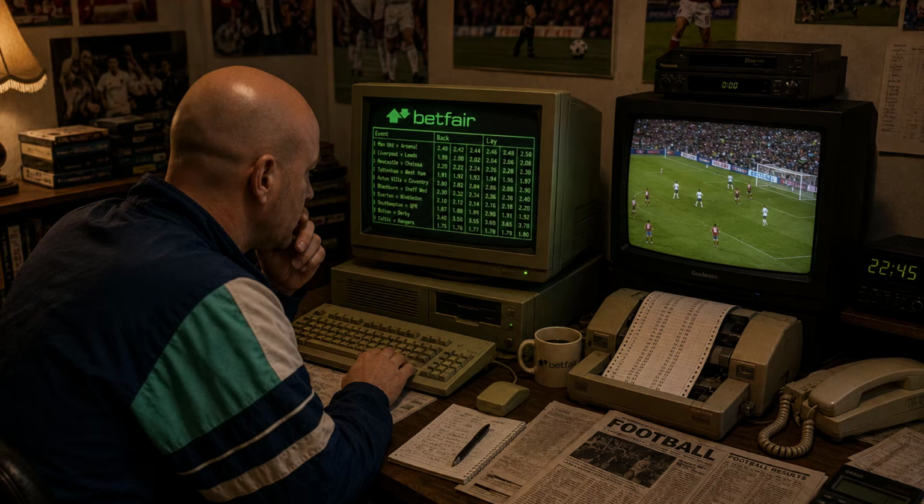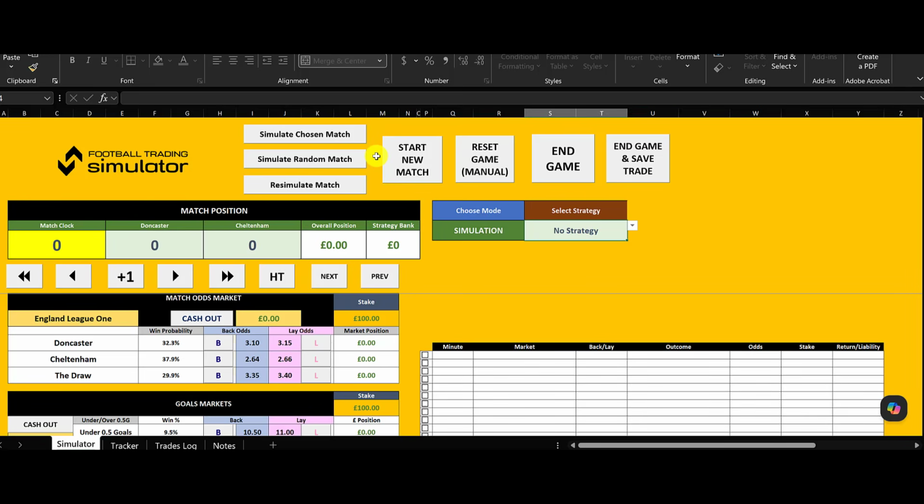There also weren't that many in-play matches, and not every Premier League match would even go in play on Betfair, which just sounds crazy compared to today, doesn't it? But anyway, for those who are beginners today, life is much easier for you and you don't have to struggle the way that I did. And part of that is thanks to this thing, the Football Trading Simulator. So let me show you how it works.